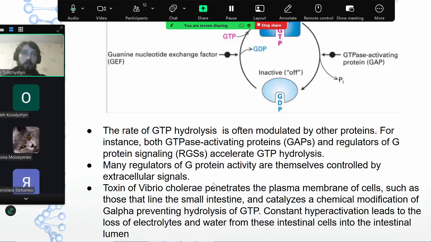One of the ways to do that is to modulate the time that G proteins are active and able to activate something downstream.